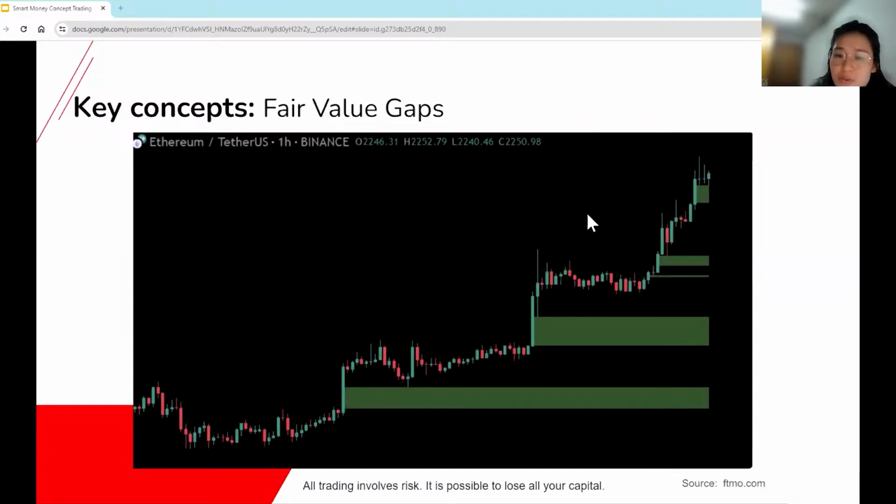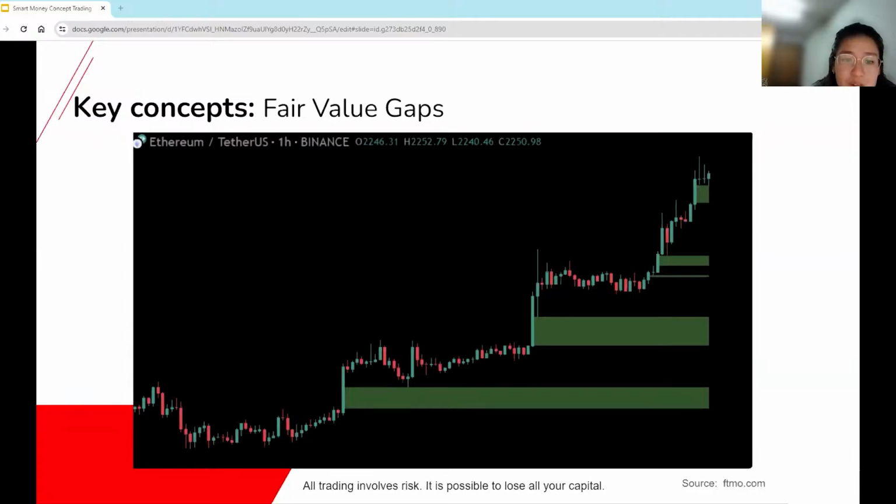You can see this uptrend forming. But in the case of a bearish trend, the FVG would represent the price range between the low of the previous candle and the high of the following candle. So basically the opposite of this. This area would reveal a discrepancy in the market, which may indicate a potential trading opportunity.